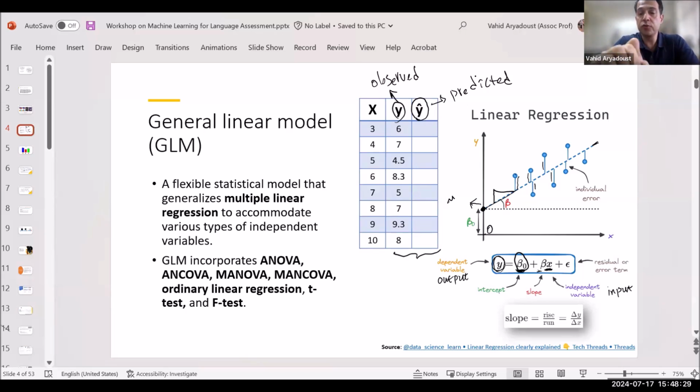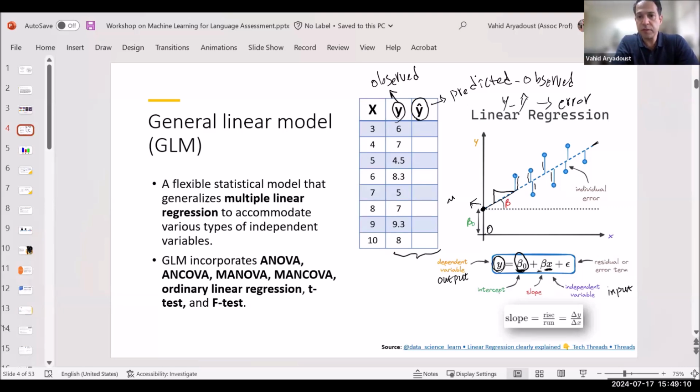Now, these two are used to estimate predicted minus observed statistics, or the other way around, observed minus predicted statistics, usually y minus y hat, which gives us the amount of error. Okay, so let's say our actual amount of x is 6, our actual amount of y is 3 and 6 respectively.